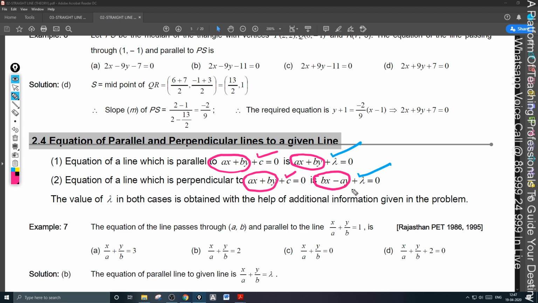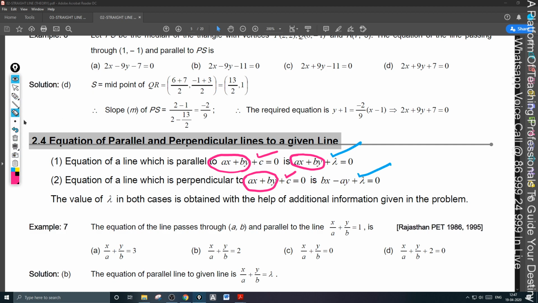This is what I said in the previous classes also. If a and b are the coefficients of x and y, they will be interchanged and the sign in between them will be reversed. If it is plus, it will be minus. If it is minus, it will be plus. So these two are perpendicular lines, please.